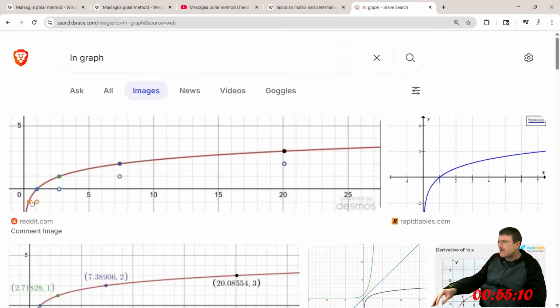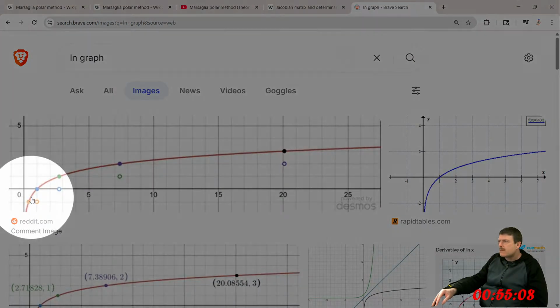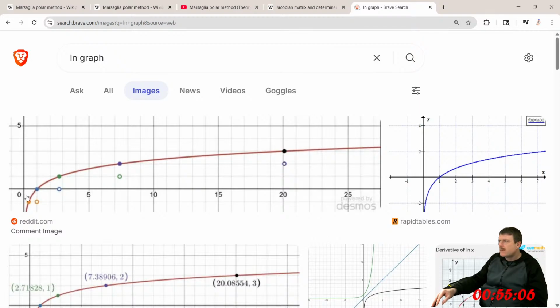Here's 1. So we're in a region where everything's negative.